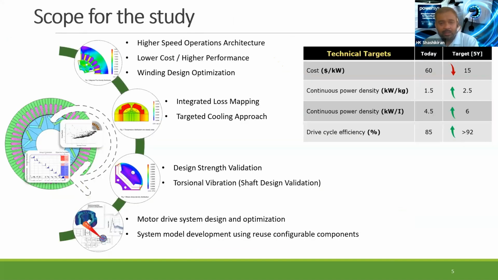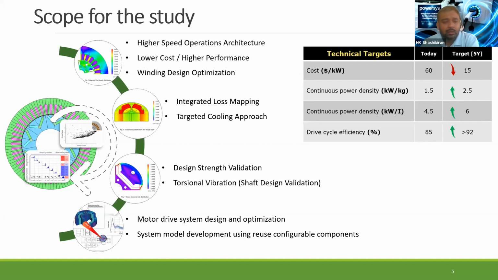So if we talk about the current project as of now, the scope of this project was more to understand, for high speeds, what the different architectures are that could be taken into consideration, the costing, and the winding optimization. We also wanted a targeted cooling approach. We already have a target that we cannot extend the system performance or the system coolant requirement over certain limitations, so we wanted to make sure that we maintain that requirement so that we don't have to make any major changes in the overall system ecosystem.